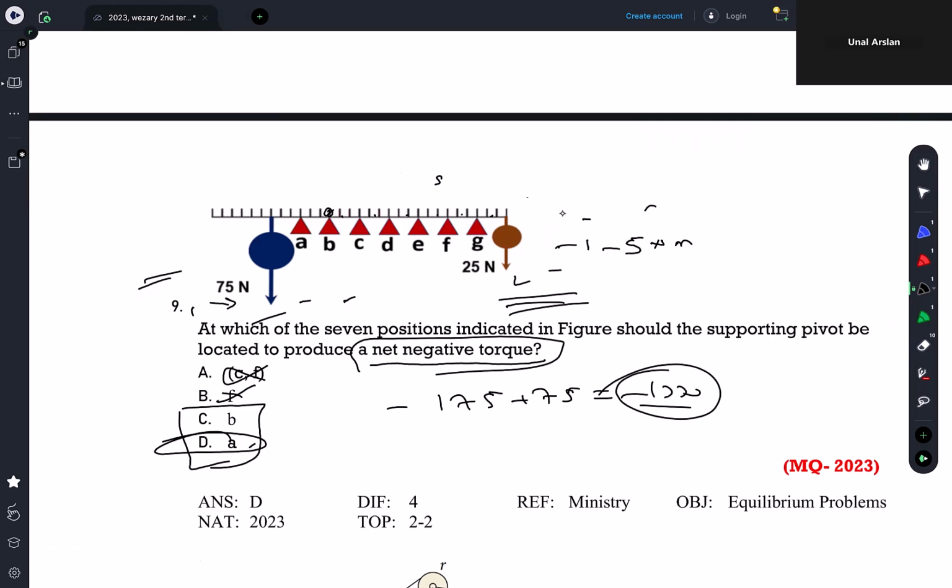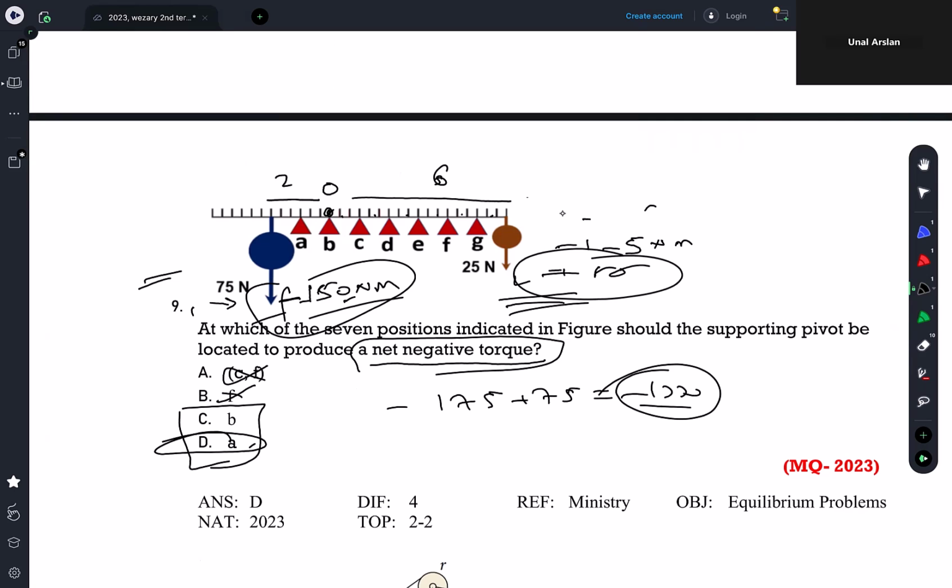If the axis of rotation would be B, the lever arm for 75 is going to be 2, and the lever arm for 25 is going to be 6. 2 times 75 is going to be 150 Newton meter. 6 times 25 is also 150, but one is positive 150 and the other is negative 150. When we add them, the result is going to be 0. So B is not a valid point, and the correct answer in this case is D.